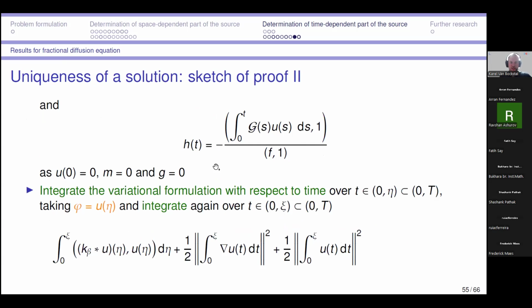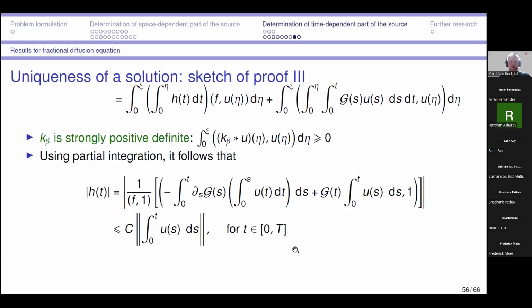This is the expression for h of t in the case of uniqueness: measurement is 0, boundary data is 0, with only one term. From the variational formulation, we get on the left-hand side these three terms, and on the right-hand side this term, which is coming from f of u.